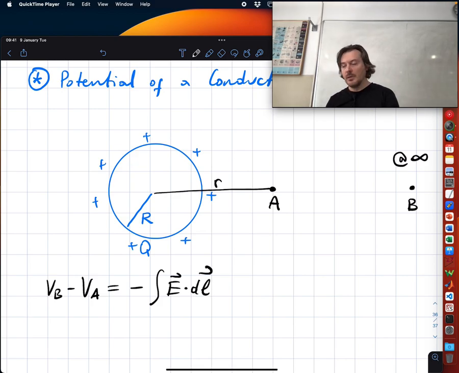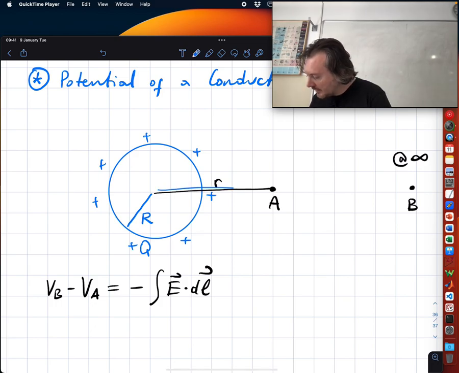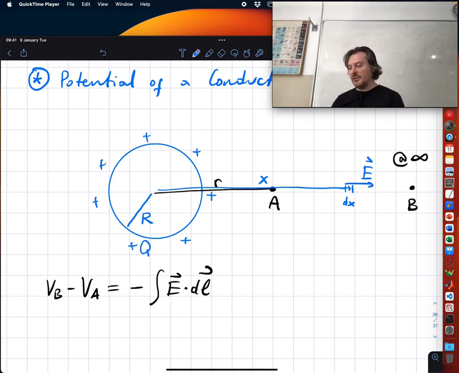In this particular case, let me just define some x at a distance x. I have some dx, and this dx points this direction. Electric field is also pointing in that direction. And I can just take the integral. But first, I need to know how electric field changes with x.